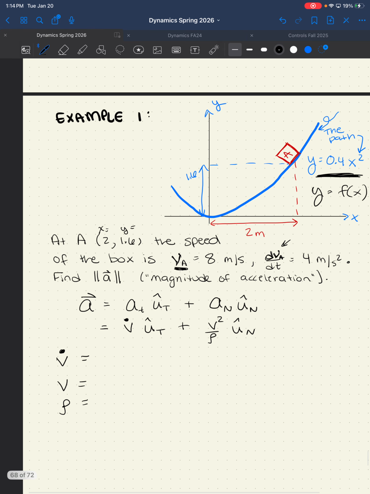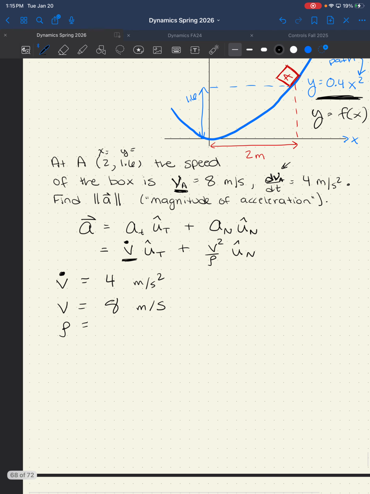So this is equal to, is it 1.6? Is that right? Yes. Meters per second. Meters per second squared. This is meters. This is meters because remember it's a radius of a circle. So it's a distance.